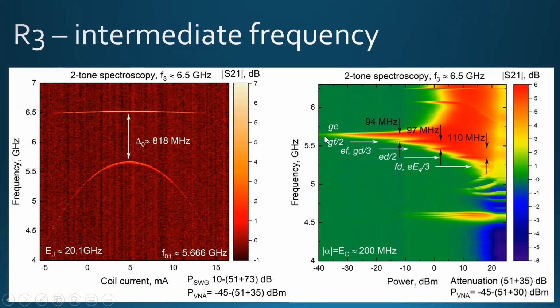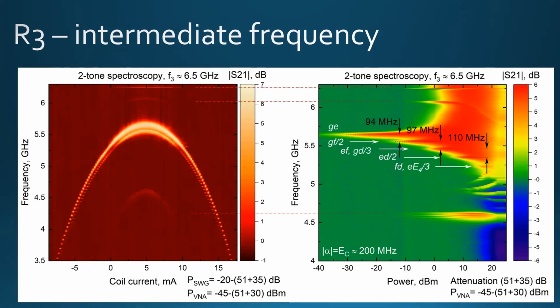So then on the right side, you can see the two-tone spectroscopy depending on the power of the first tone. And this distance between the peaks can give us the value of charging energy, which is more or less what was planned, 200 megahertz.